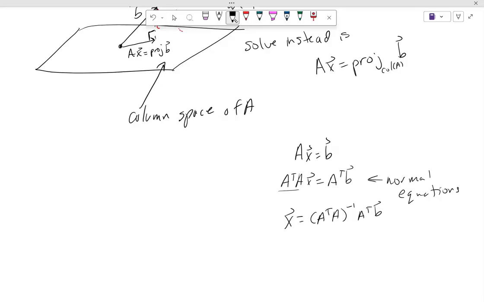This is what we refer to as a least squares solution. And then if we really want to know what that projection vector is, if we really want to know what the projection of B onto the column space of A is, we just hit it with the A. We've solved it. So the projection is A times A transpose A inverse times A transpose times B. That gives us the projection vector that we want.